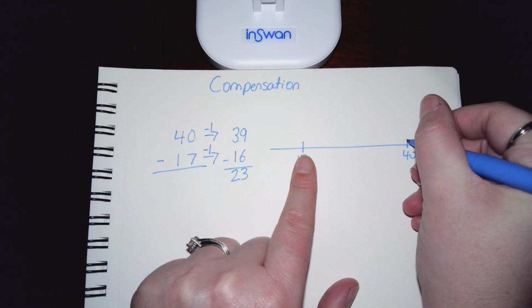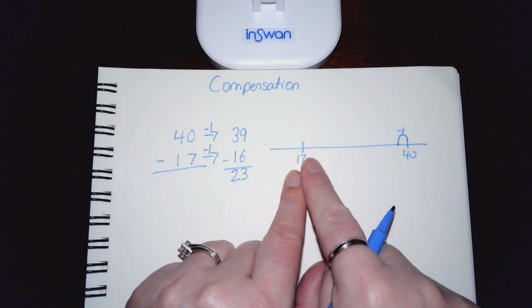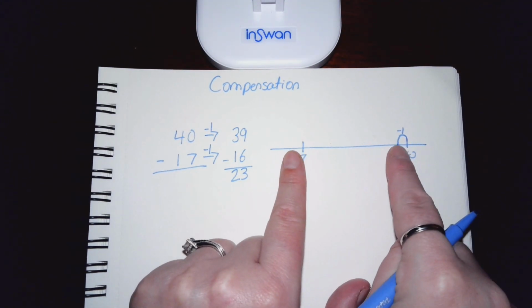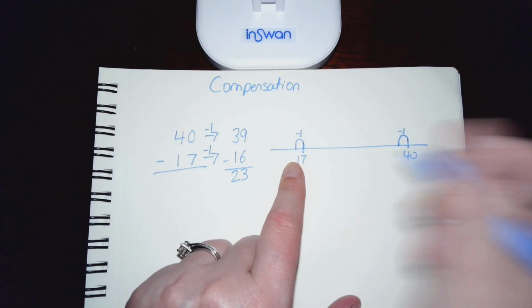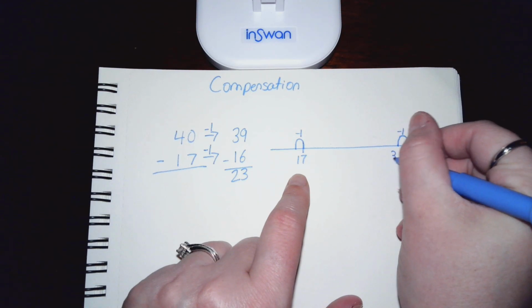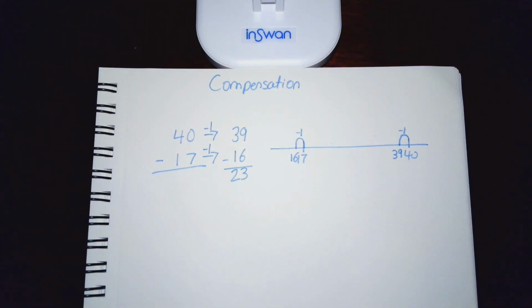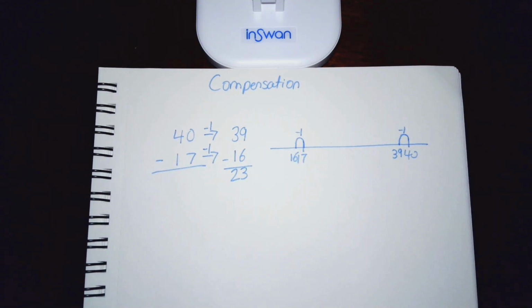Well, if I take this back 1 and I don't take this back 1, am I the same distance apart? No, so I have to go back 1 on each one to keep it the same distance. So that's why I get the 39, and that's why I get the 16. Okay, so I'm keeping it the same distance apart on the number line.